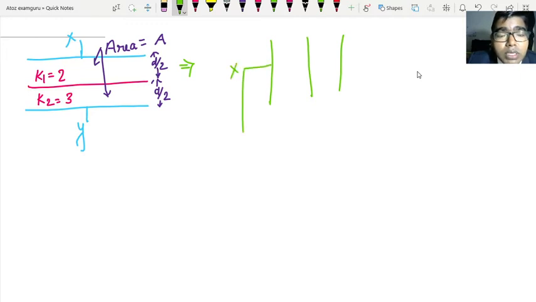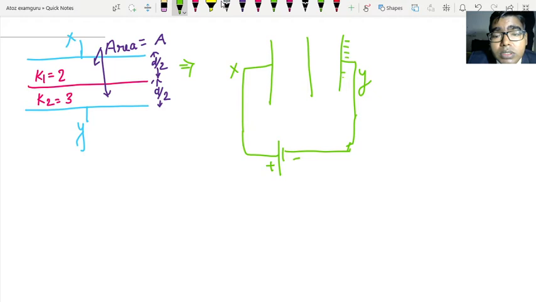Simply suppose this plate is x, this plate is y, and this plate is y, right? And since you have added a power source like this, a battery, it means this side the charge developed is negative, and this side the charge will develop positive, right?